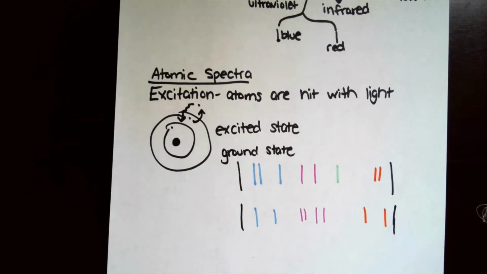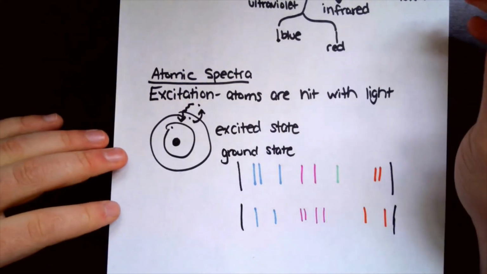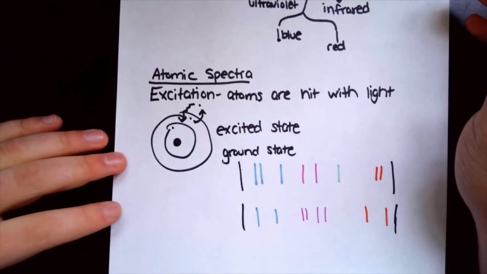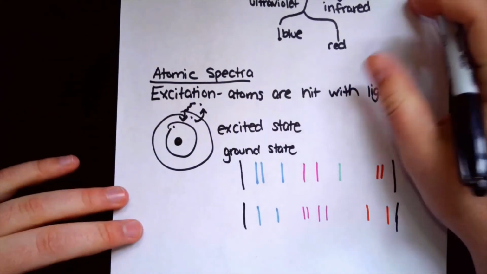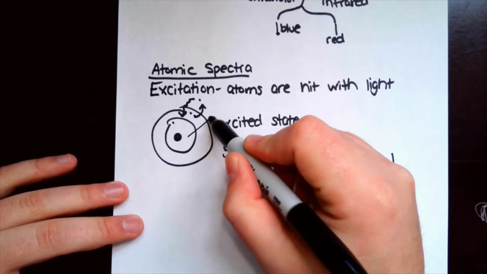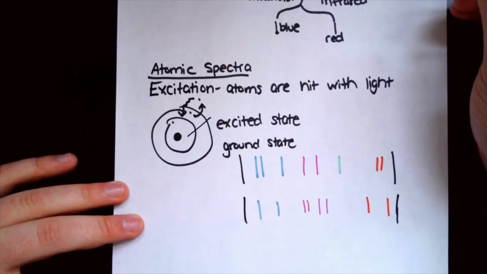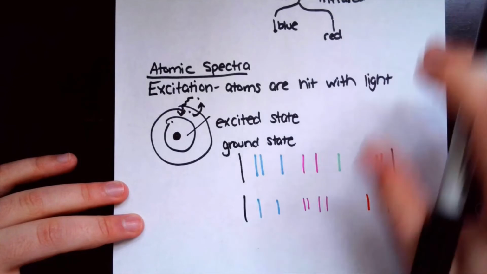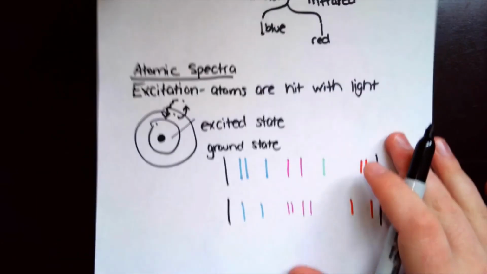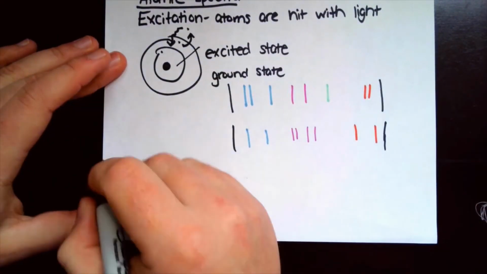Now, one last thing I do want to talk about in this video is there's a way to calculate the amount of energy that an electron will give off, depending on how much it drops in energy when relaxing back down to its ground state. And it uses something called the Rydberg equation.